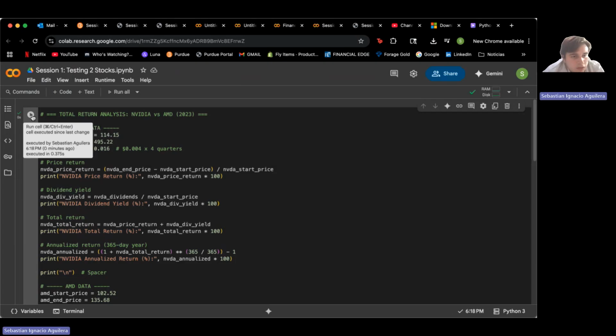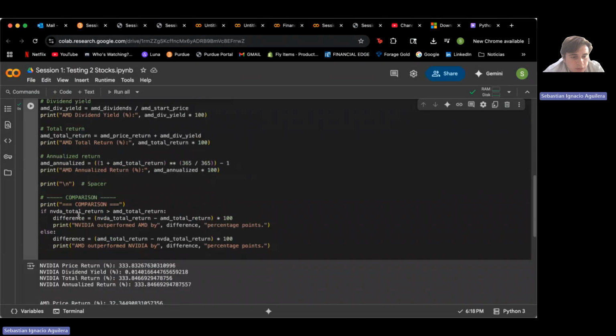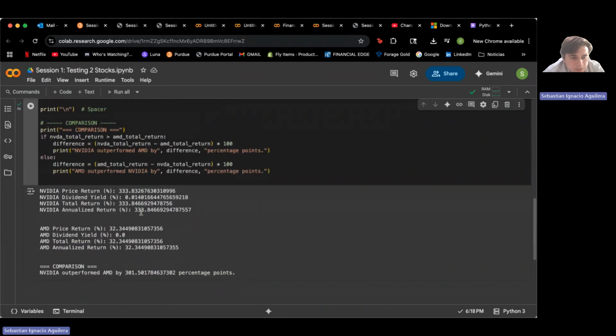As you can see, it has been executed. Now let's see the results. NVIDIA's price return is 333.83 and some change. The dividend yield is around 0.014.